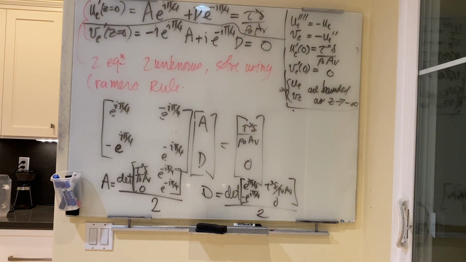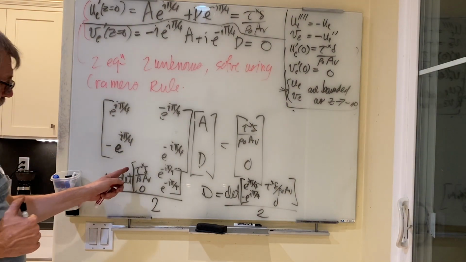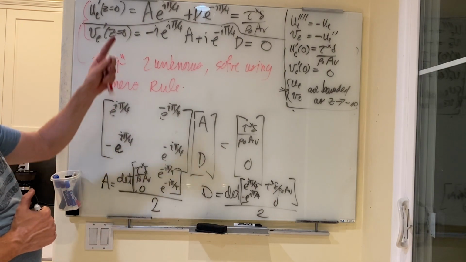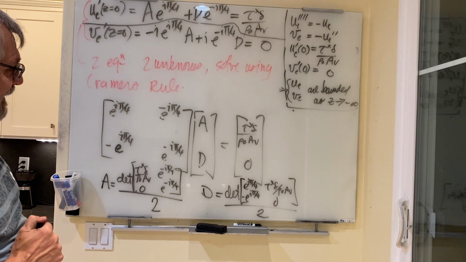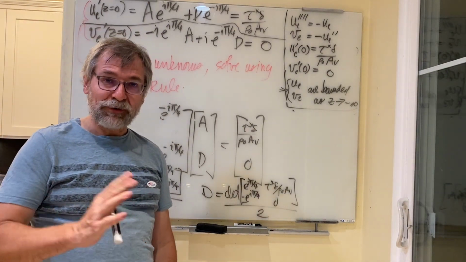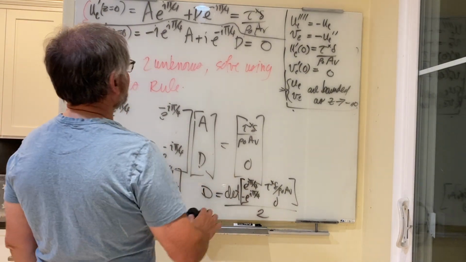Alright, so I have the solutions. All I have to do is evaluate these determinants, plug them back into my solution, and I'll have solved the problem. Whew, let's try it out.